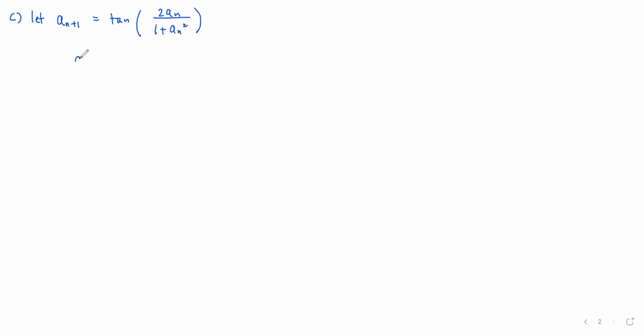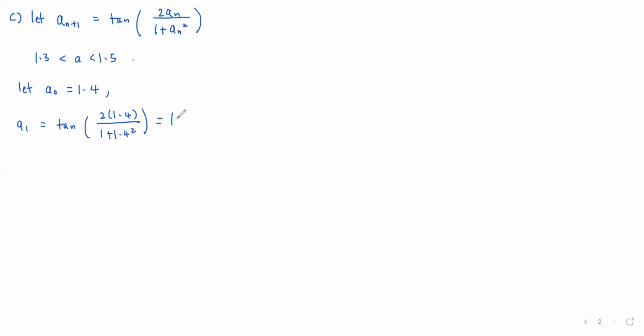And we know that A is in between 1.3 and 1.5. So to get a faster convergence, we can let A naught be 1.4. This is right in the middle of 1.3 and 1.5, so this will ensure that we have a faster convergence. A sub 1 now becomes tangent of 2 times 1.4 over 1 plus 1.4 squared.